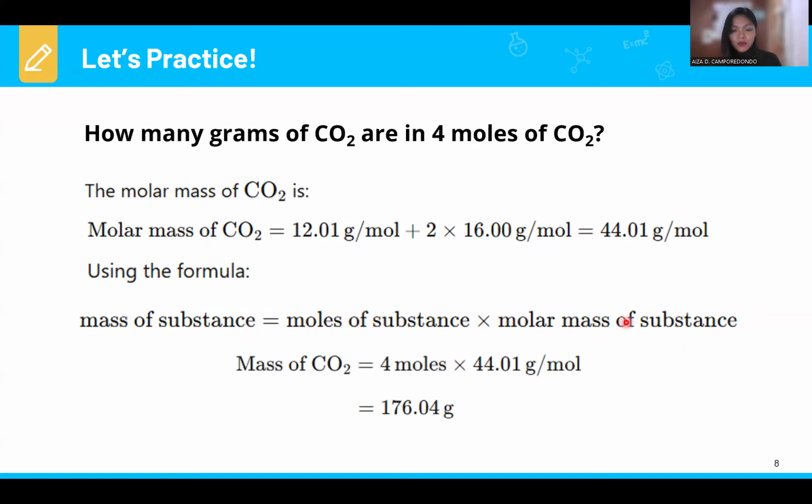We just need to substitute those values for moles of carbon dioxide multiplied by 44.01 grams per mole, or the molar mass of the carbon dioxide, we will get the mass of the carbon dioxide because the mole right here is being crossed out. That leaves us with 176.04 grams of carbon dioxide.